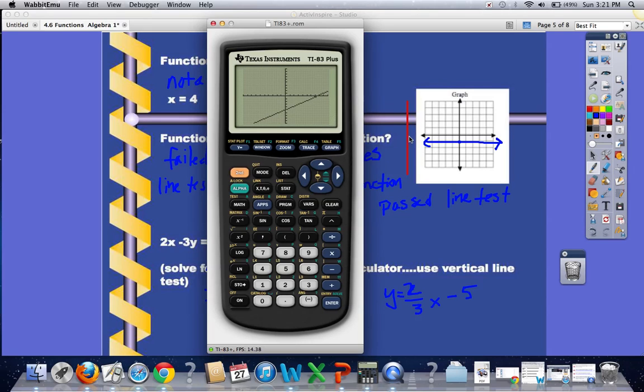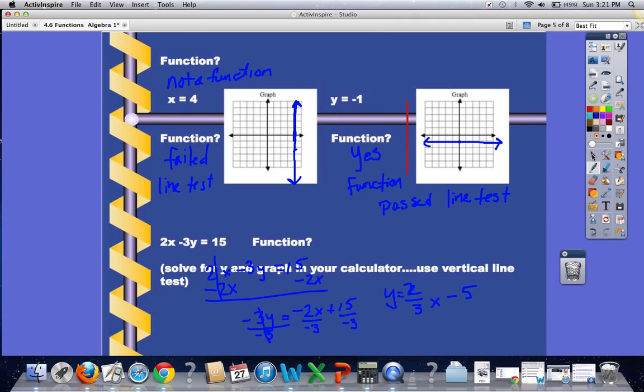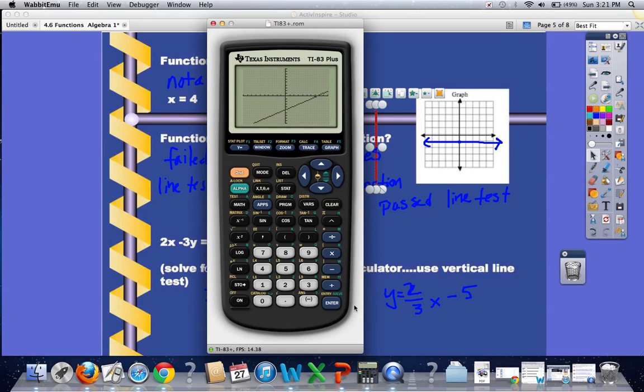And if I want to take my red line, I don't know if it's going to let me do it or not. I may or may not be able to get it on my calculator, because as soon as I touch my calculator and then I touch the board, it goes away. Let's just pretend. Alright, so if I had a vertical line and passed through this way, it would never touch more than once.